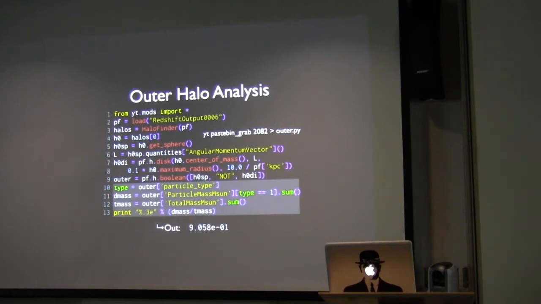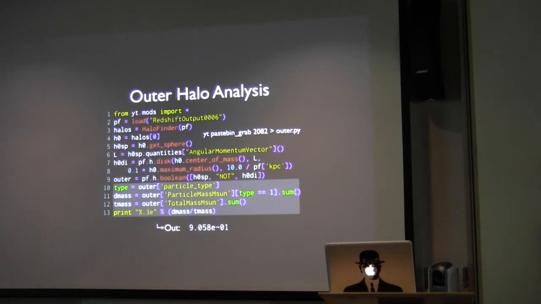First of all, I'm finding the particle type for everything that's outside the disk. And then in lines 11 and 12, I'm adding up the mass of particles that are dark matter, which in Enzo is type 1. And then in line 12, I'm adding up all the mass.